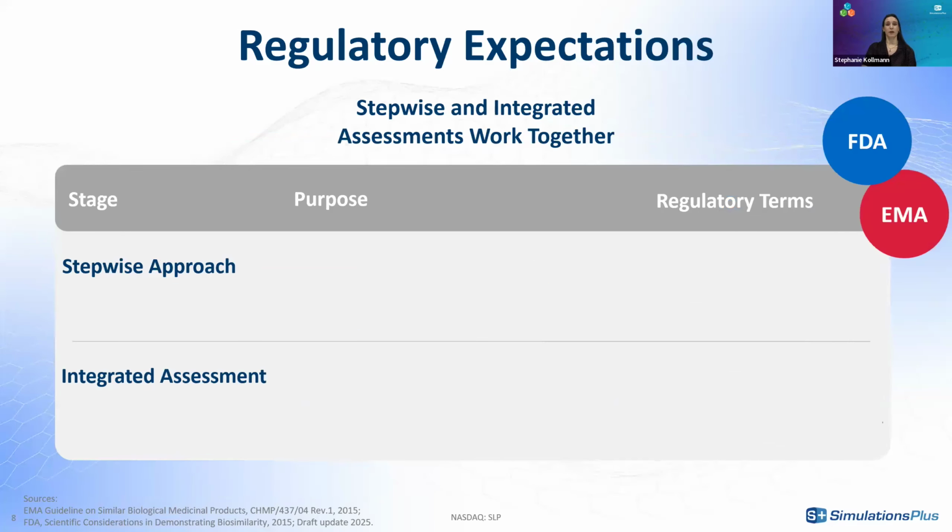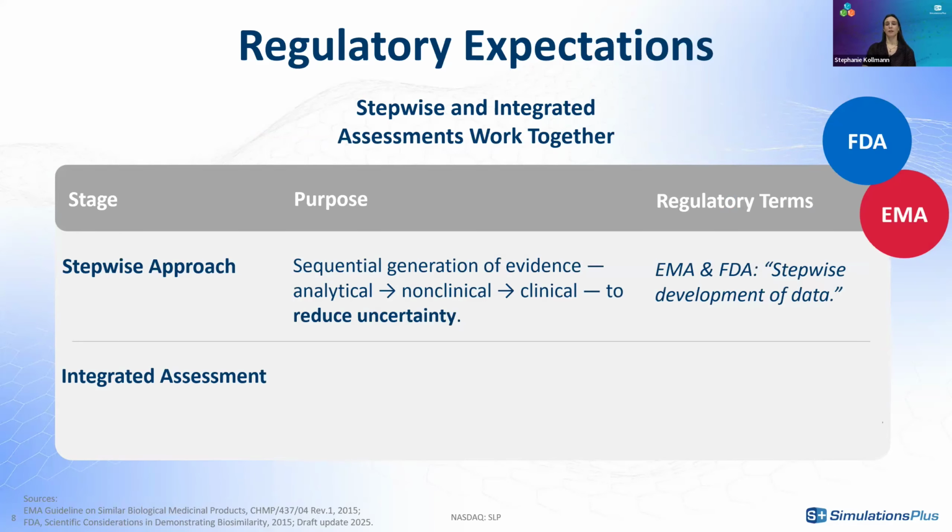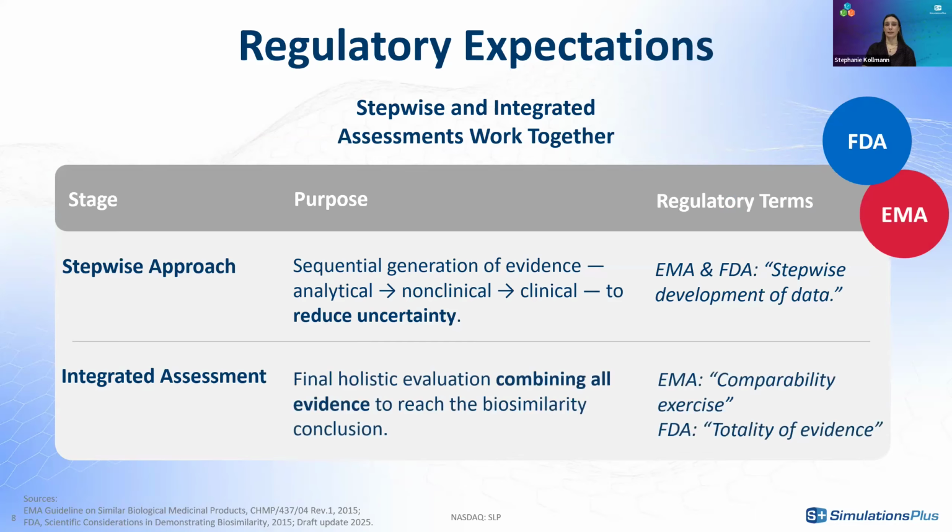So both regulators describe a biosimilarity assessment as a two-phase process. Here's how the two fit together. So the stepwise approach is about how the evidence is built. Analytical studies first, then non-clinical and clinical data, each stage designed to reduce uncertainty. The integrated assessment is more about how the evidence is judged.